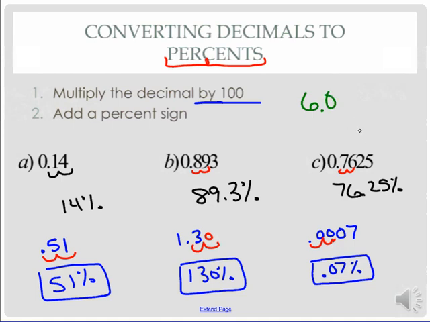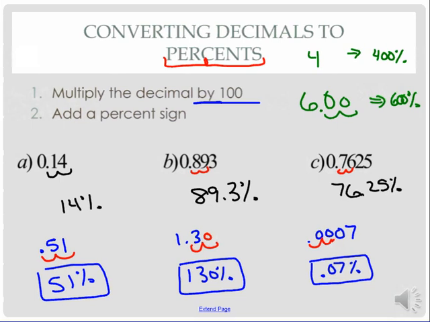I mean, it has a little more precision to it, I guess. But now, multiply the decimal by 100. So 1, 2 places. This would become 600%. So just a regular old number like 4 would actually become 400%. Just kind of keep those in mind. Those are a little bit tricky sometimes.